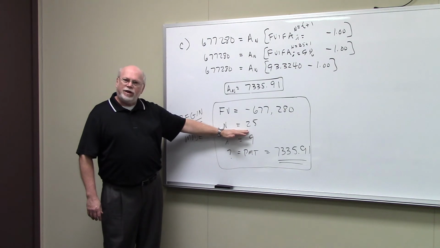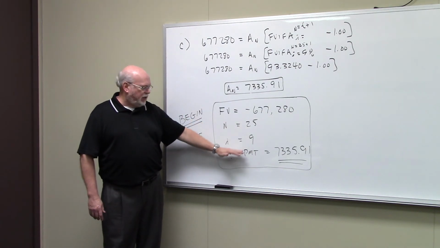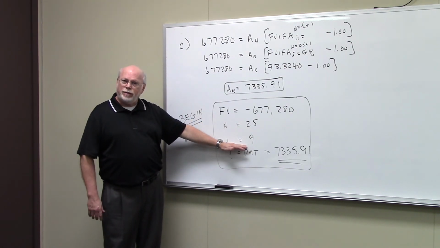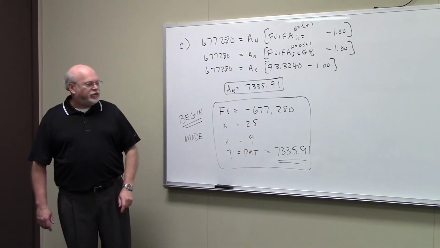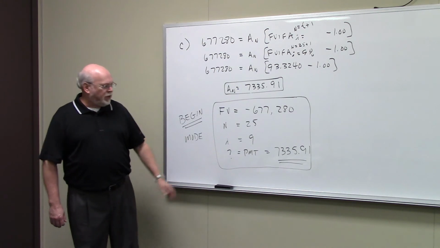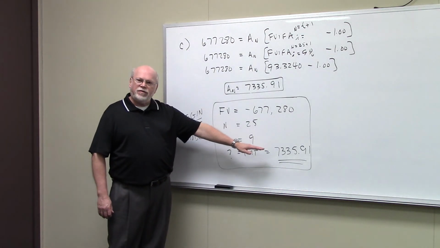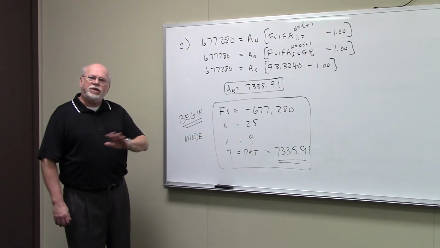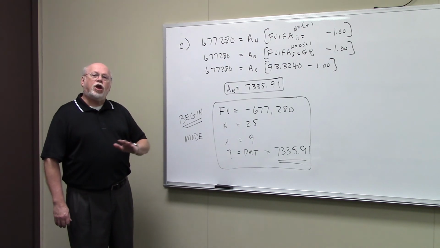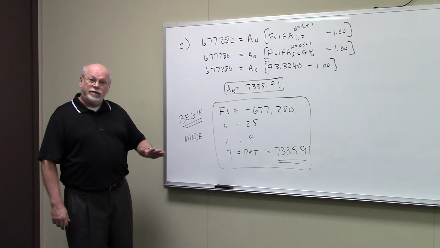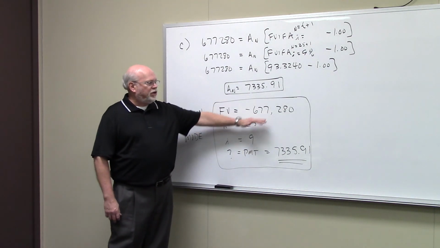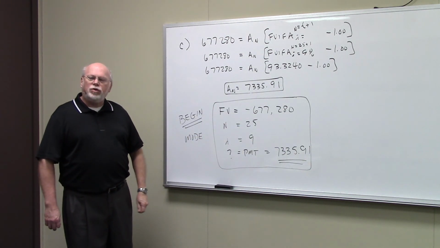So you put in N equal to 25, that's the number of payments. I would be 9%. Solve for the payment, and you get $73.3591. So if he saves $73.3591 at the beginning of every year for 25 years, and all your money earns 9%, 25 years from now, at the end of the 25th year, you'll have $677,280.